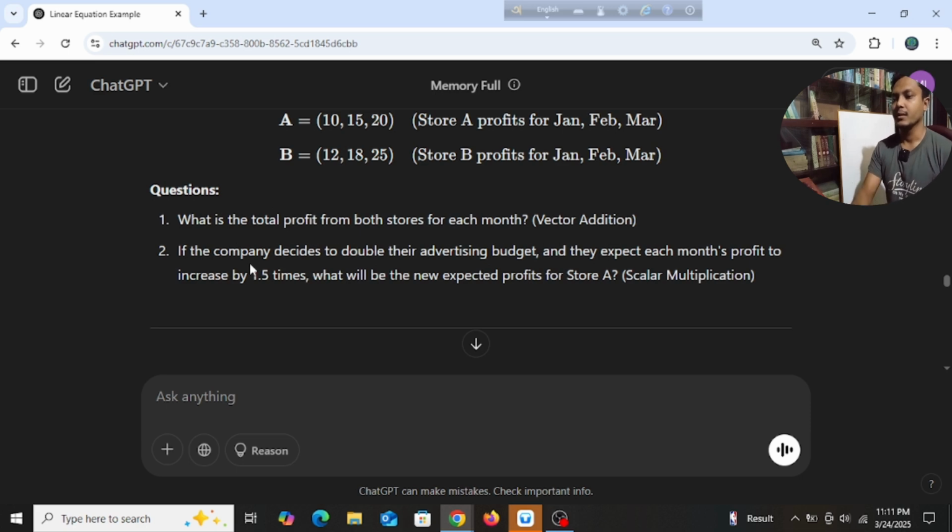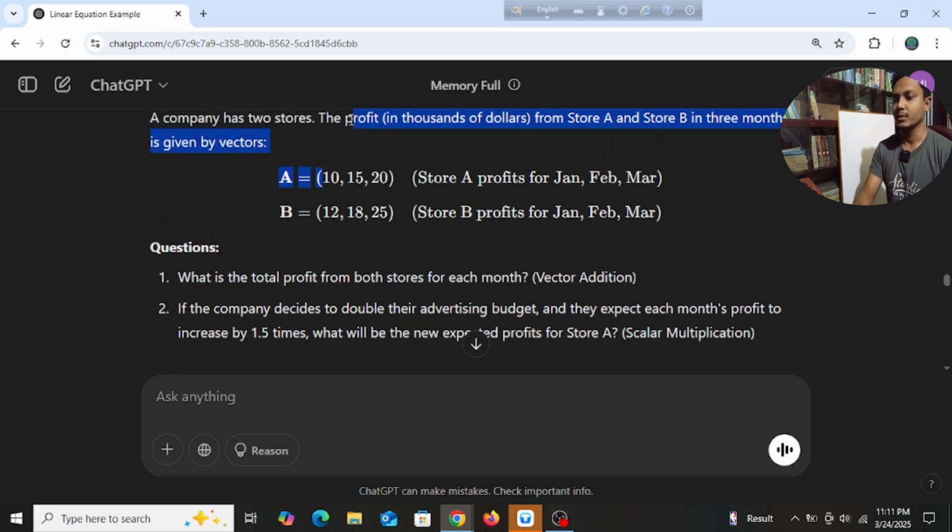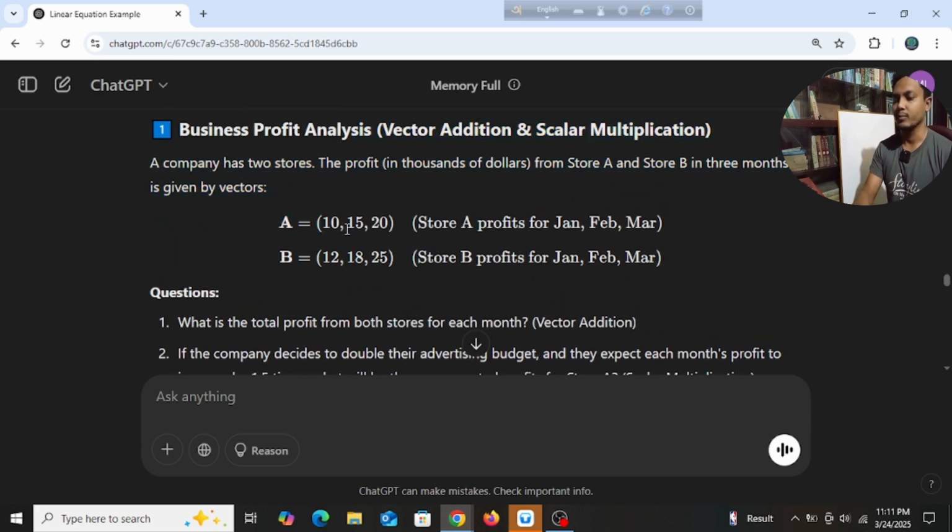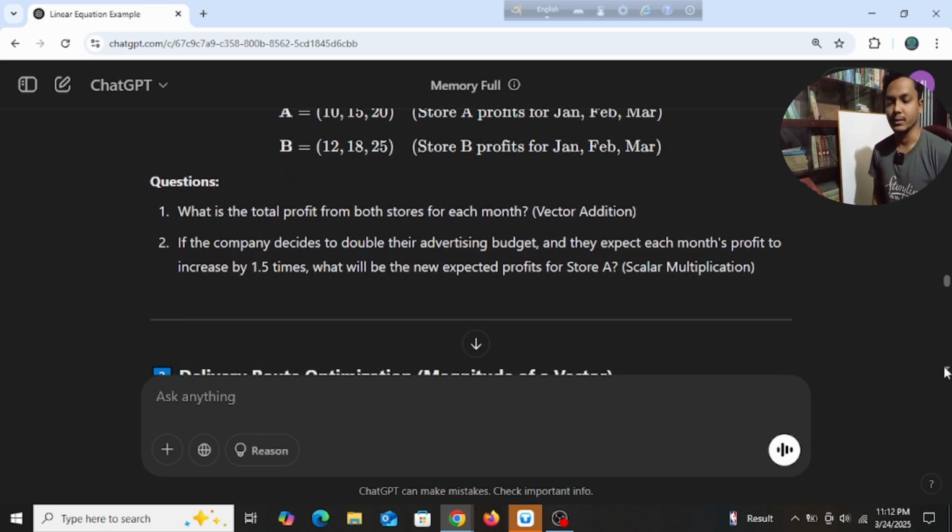That means with all the profits of January, February and March for store A, 1.5 would be multiplied with each month's profit. Whatever the result is, that is the answer.